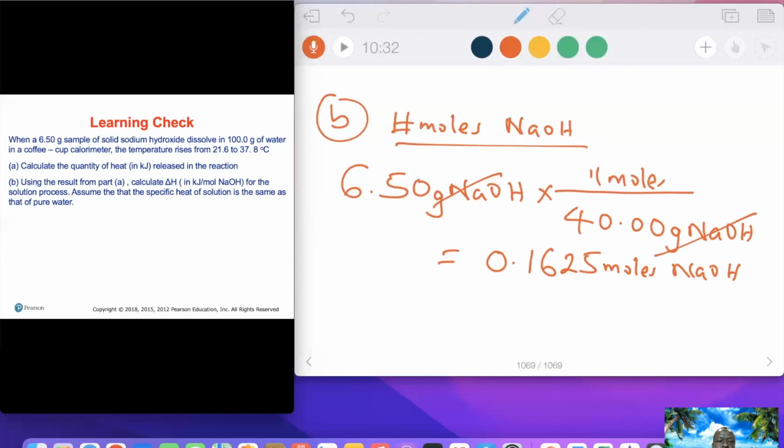So that is the number of moles. In order to get the kilojoules per mole, we take the numerical value from part A divided by the number of moles.